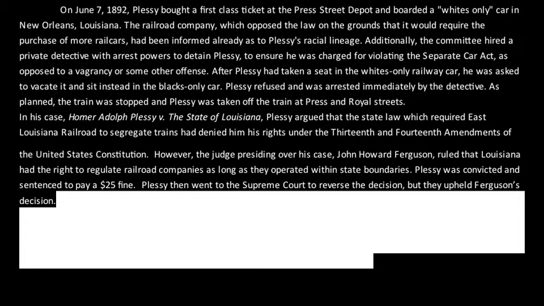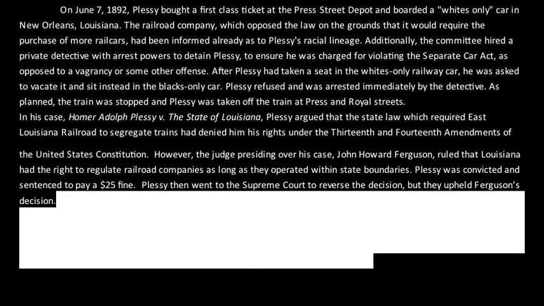Additionally, the committee hired a private detective with arrest powers to detain Plessy to ensure that he was charged for violating the Separate Car Act as opposed to a vagrancy or some other offense. After Plessy had taken a seat in a whites-only railway car, he was asked to vacate it and sit instead in the blacks-only car. Plessy refused and was arrested immediately by the detective. As planned, the train was stopped and Plessy was taken off the train at Press and Royal Streets.